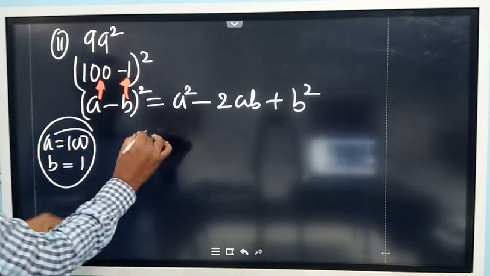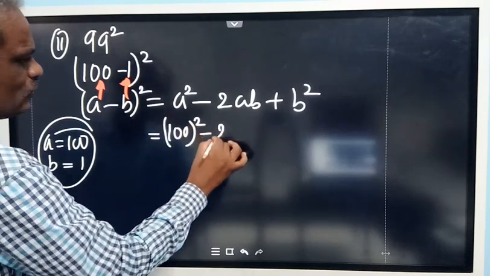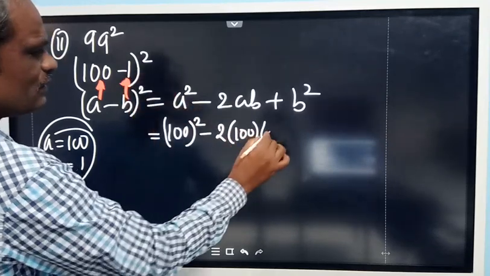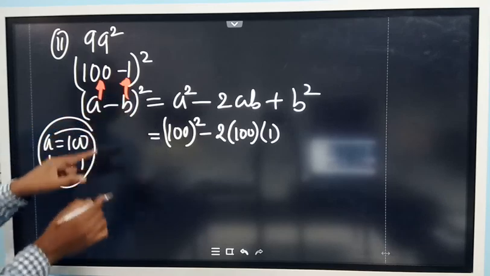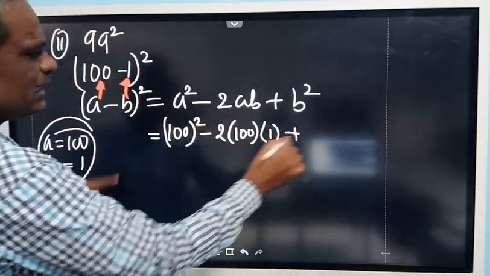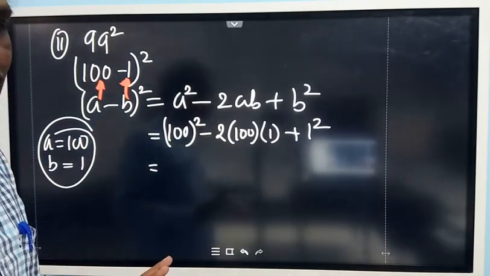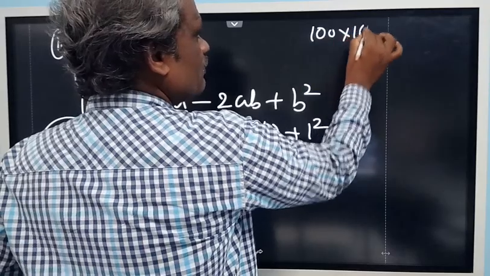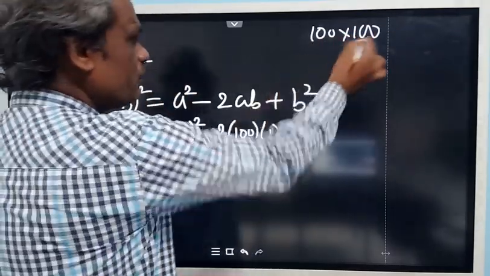So in place of a you write 100. It is 100 square minus 2 into 100 into 1 plus b square, again it is 1 square. 100 into 100 is very easy to multiply: only multiplication of 1 into 1 and then followed by 4 zeros.